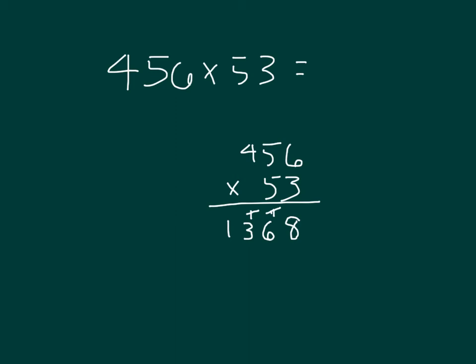Next, I'll be working with 5 tens, so I'll place a 0 as a placeholder first. 5 times 6 is 30, and that's 30 there. So place a 0 and regroup the 3. Next, that's 50 times 50, which would actually be 25 hundreds, plus the 3 hundreds that I regrouped is 28 hundreds.